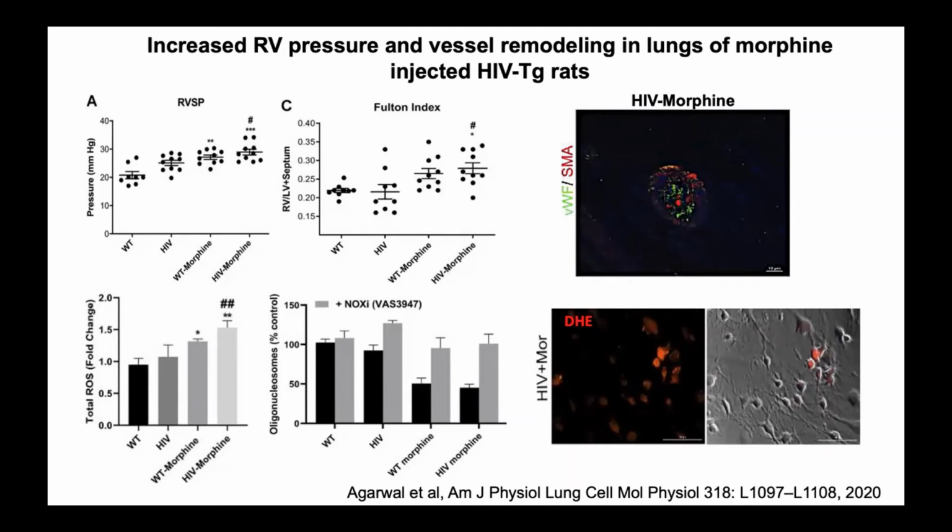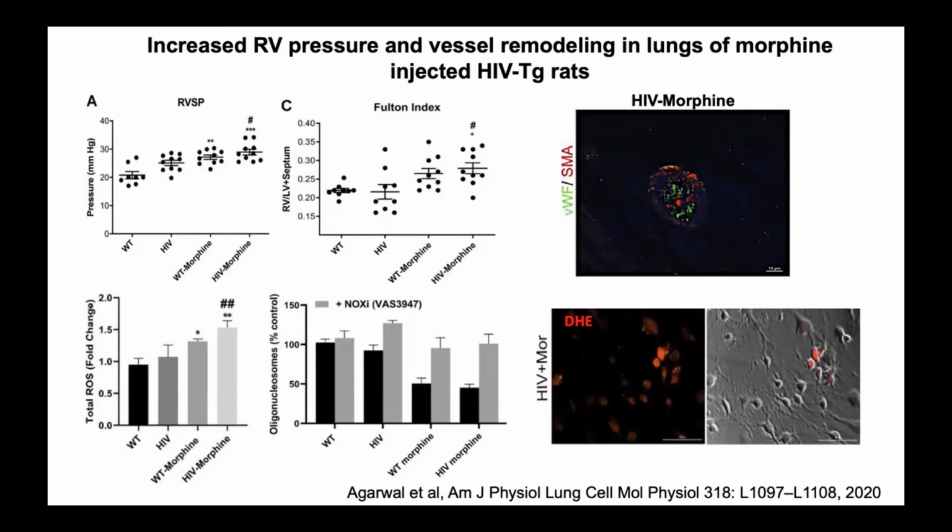We also were thinking that if we give antioxidants, maybe things are reversed. But what I feel is that the morphine injections were chronic, because we were giving 21 days of injections every day, so the rats were already very fragile, especially the HIV transgenic rats.